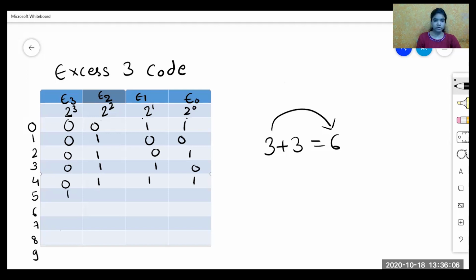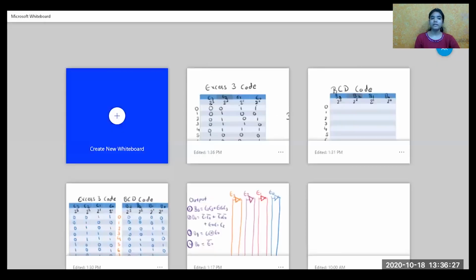For 5, 1000, then for 6 it's 1001, then for 7 it's 1010, that is 10, then for 8 it is 1011, and for 9 it is 1100. So we simply added 3 to it and the result has been converted to the binary equivalent.